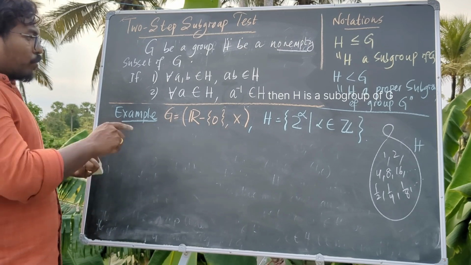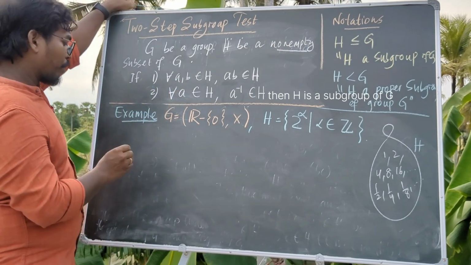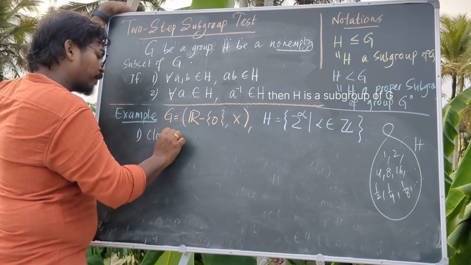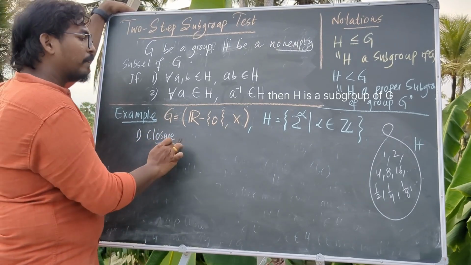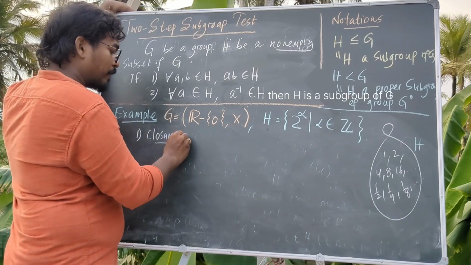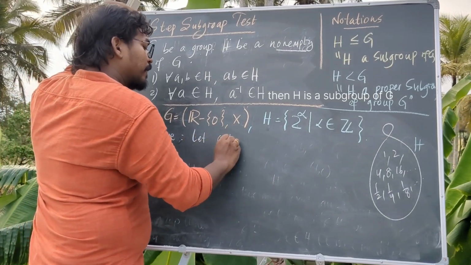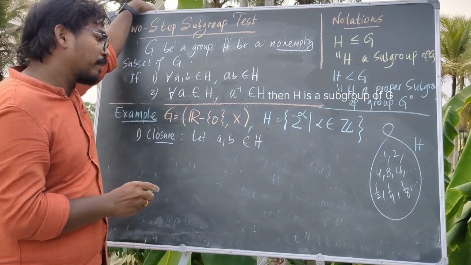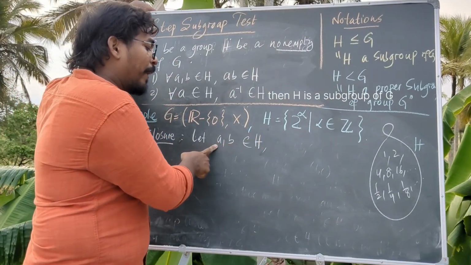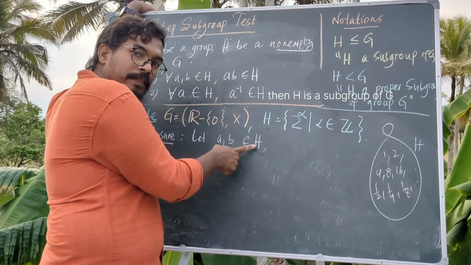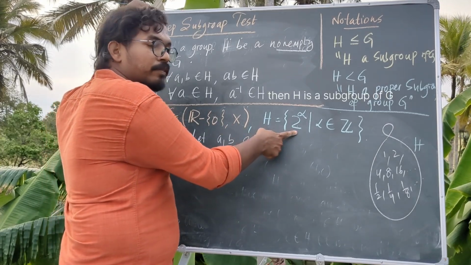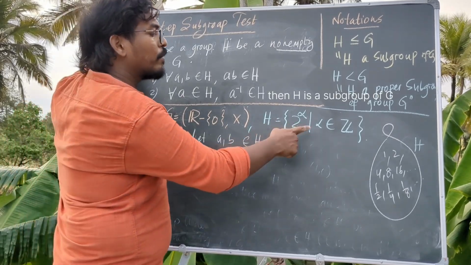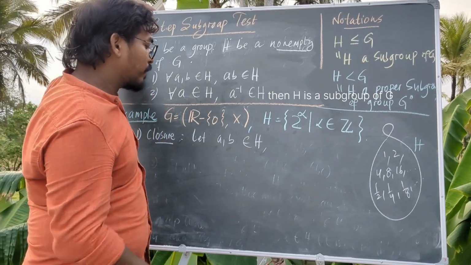So first we will show the closure. Let us take 2 elements from the set H. Let A and B be 2 elements of our subset H, and if A and B are in the subset H, then A must be in the form of 2 to the power alpha, and B also must be in the form of 2 to the power alpha for some integer alpha.